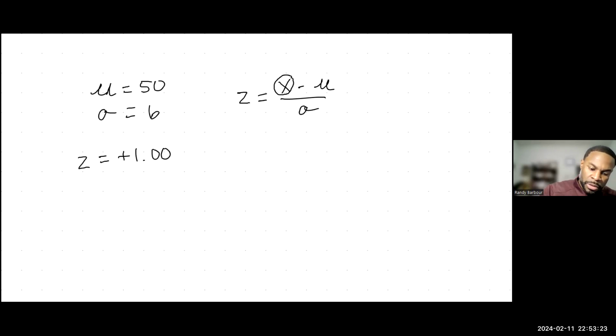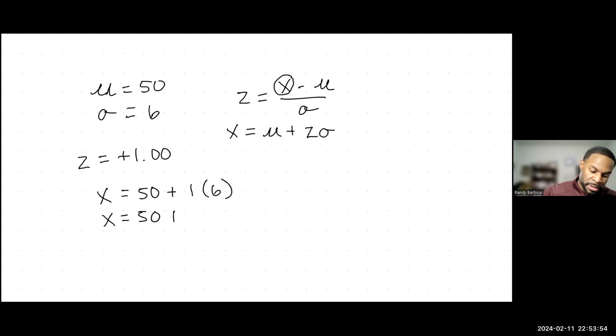This should be x equals our mean plus z times standard deviation. Okay. So all I'm going to do is plug those numbers in. That's going to be 50 plus 1 times 6. So again, x equals 50 plus 6. X equals 56. That's the first one.